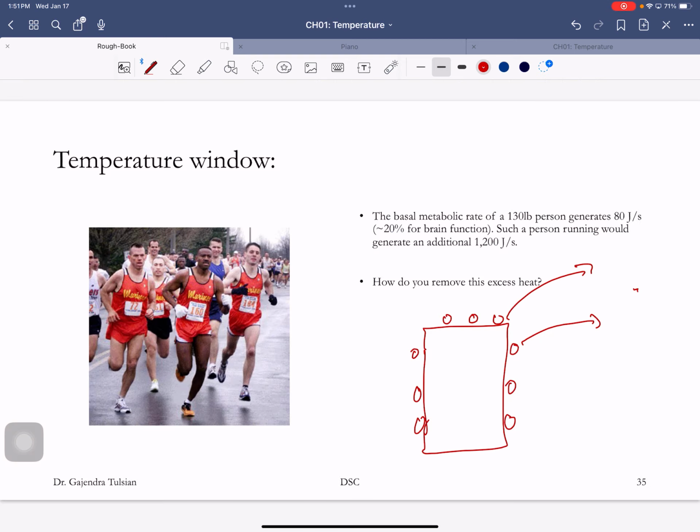When every gram of sweat evaporates, it takes away 540 calories of heat. That's your air conditioning system. So you don't want to put a treadmill in a sauna because your sweat won't evaporate.